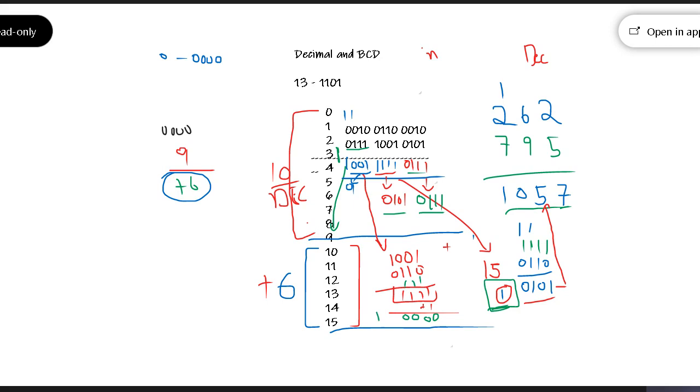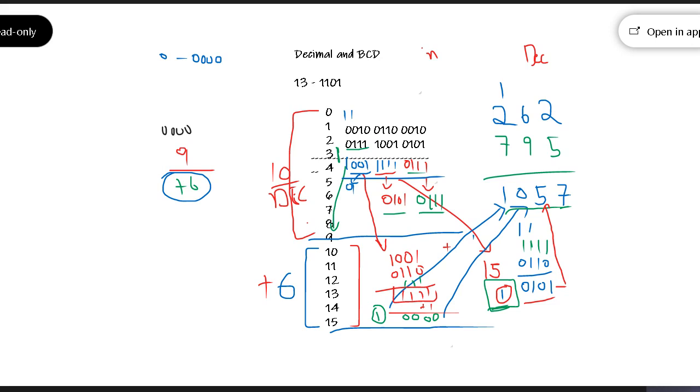So basically these four zeros will come here and this one will come here as 1. Got it? If you want to represent in direct BCD form. You got it, guys?